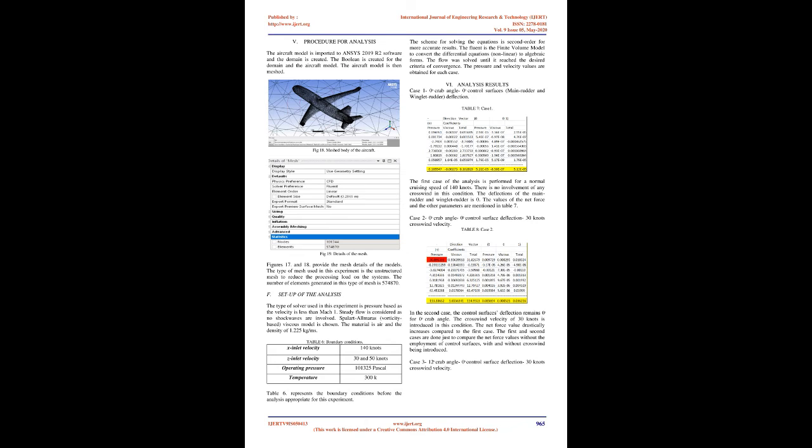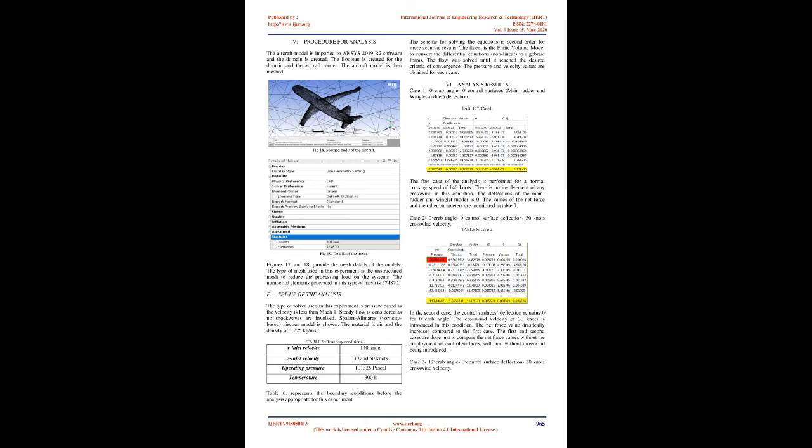F. Setup of the analysis. The type of solver used in this experiment is pressure-based as the velocity is less than Mach 1. Steady flow is considered as no shock waves are involved. The Spalart-Allmaras, vorticity-based, viscous model is chosen. The material is air and the density is 1.225 kg per cubic meter.